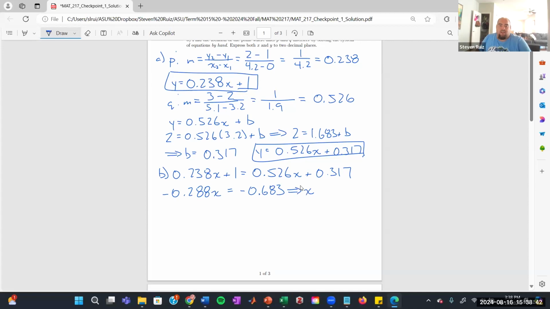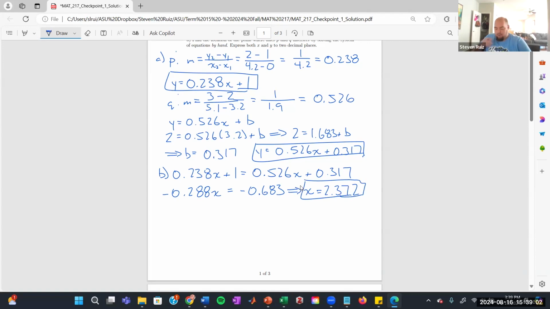And then if I solve for x, what do I get? 0.683 divided by 0.288 gives me 2.372. So x equals 2.372.